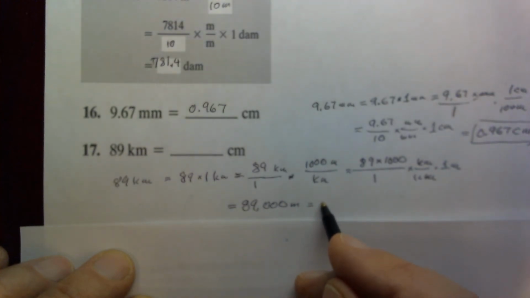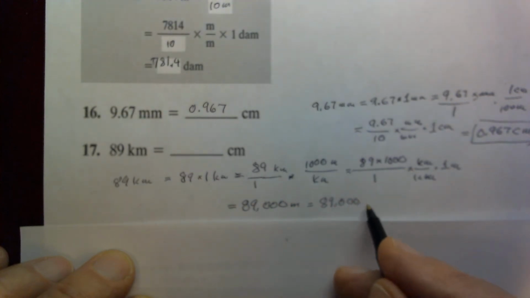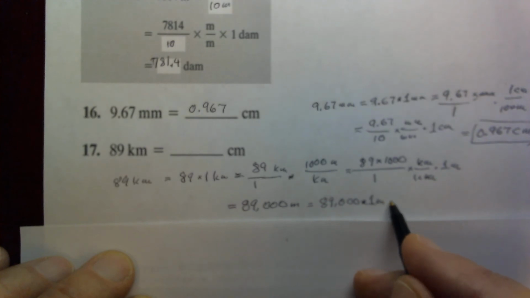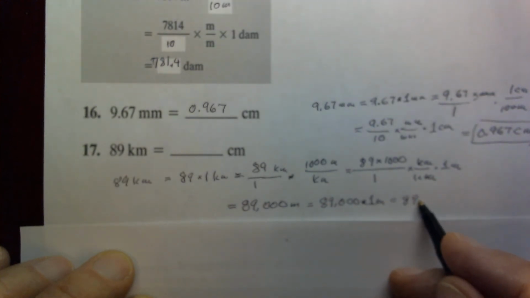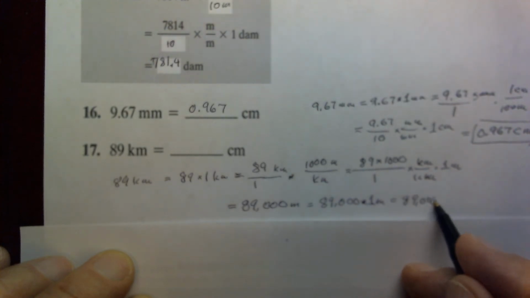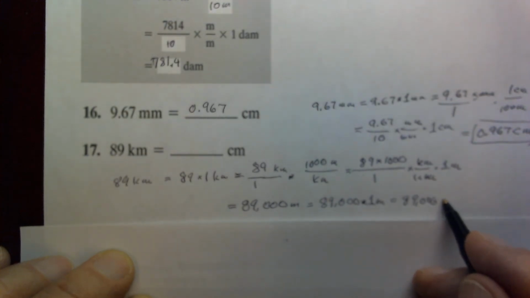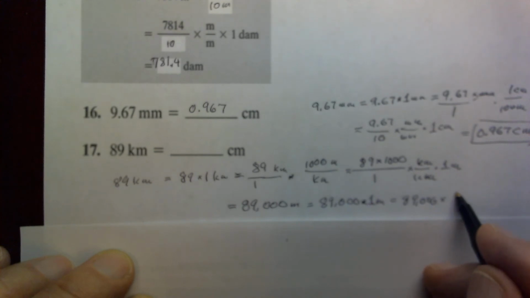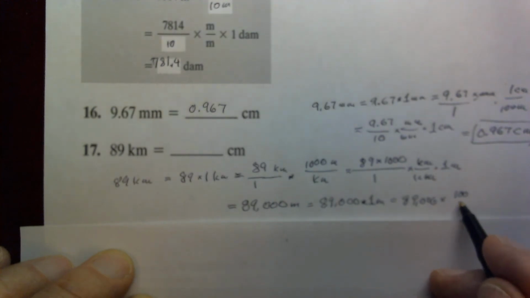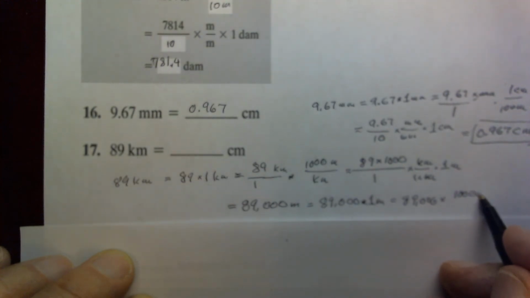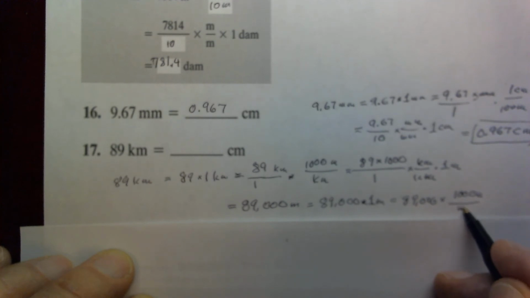And so we can write it as 89,000 times 1 meter. And that's equal to 89,000 times 100 centimeters per meter.